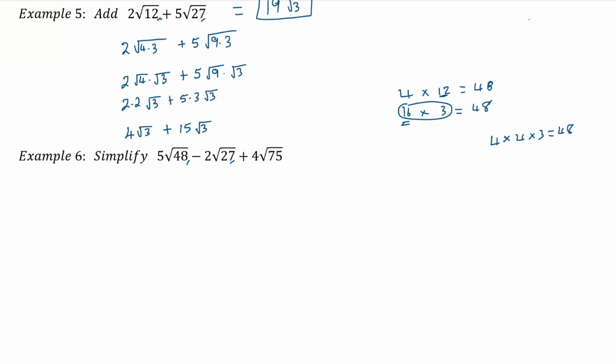All right, so here we're going to rewrite 48 as 16 times 3. And 27, what perfect square divides into 27? But we did that above, so that's 9.